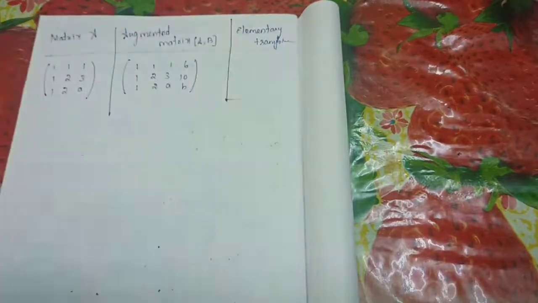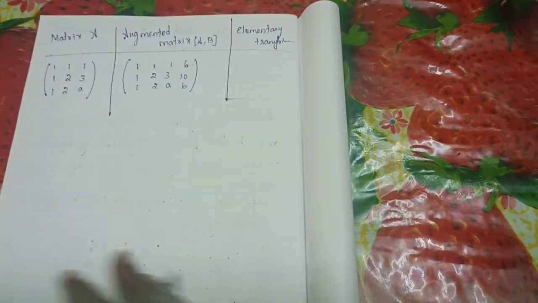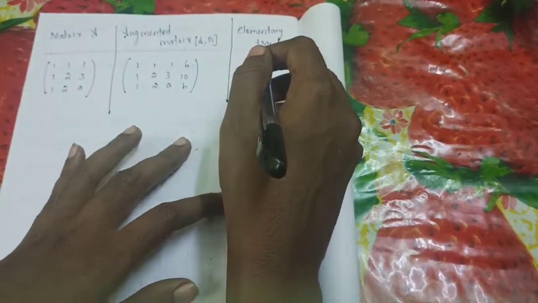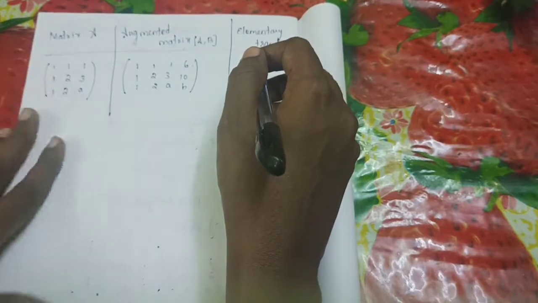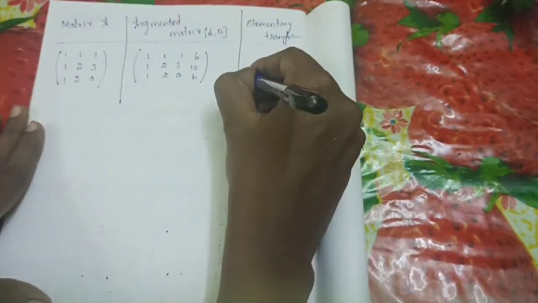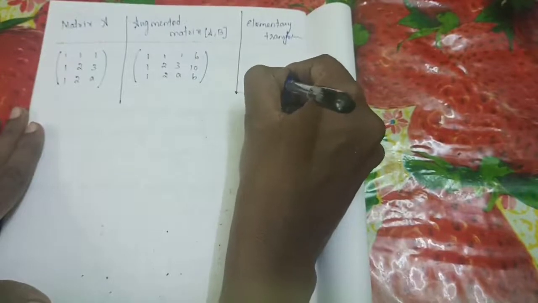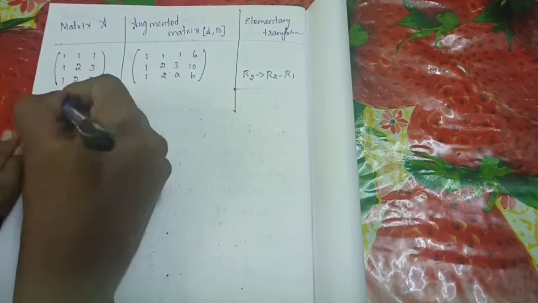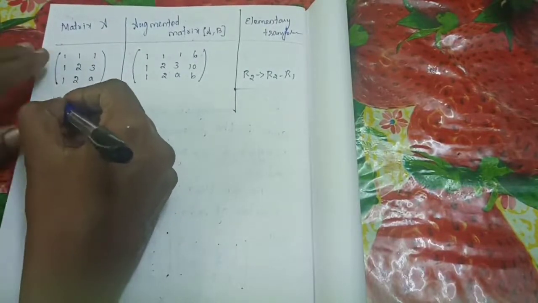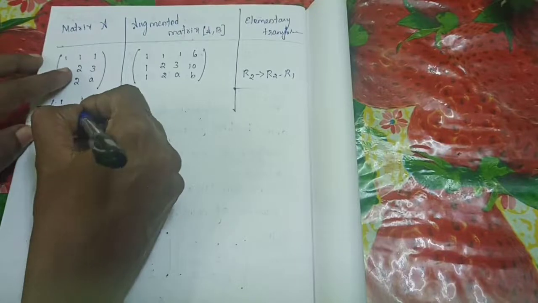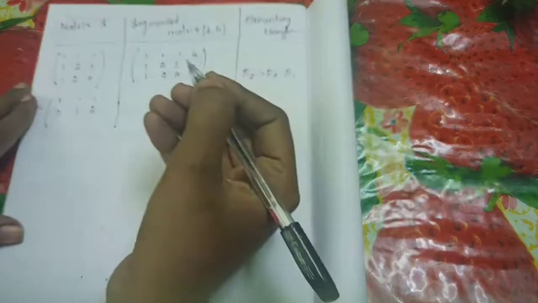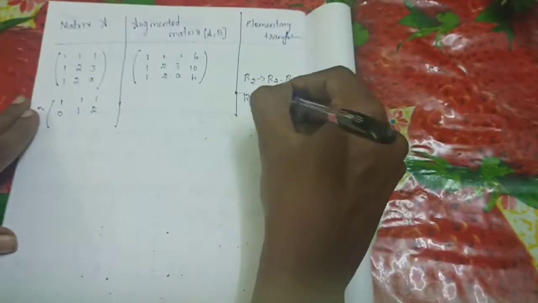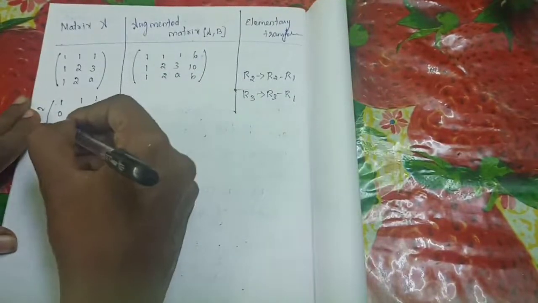First you need to change it to echelon form. The first elementary transformation is, I need to make these two elements zero. So I am going to make R2 implies R2 minus R1. So it is equivalent to 1, 1, 1; R2 minus R1 is 0, 1, and 3 minus 1 is 2. Same as R3, I am going to transform as R3 minus R1 to make this 0.